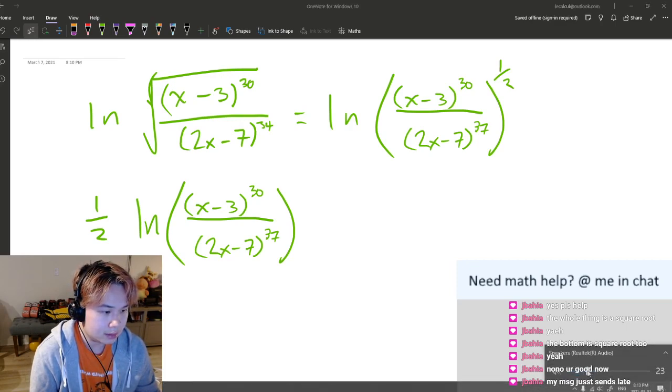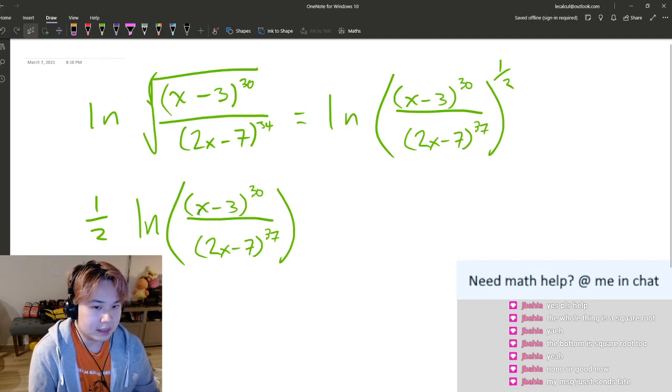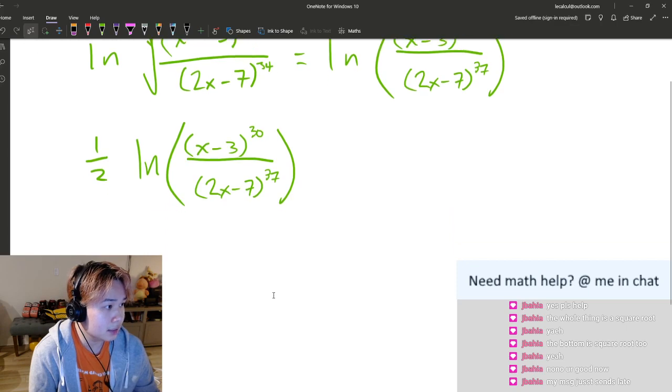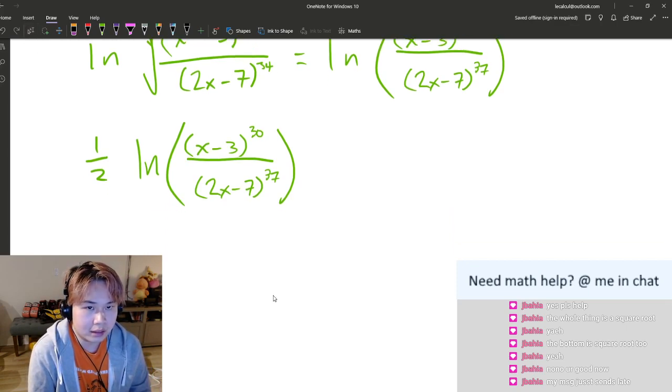And then next up is the division. So then you're going to split this into a subtraction. And then you just have to be careful with the 1/2 coefficient.